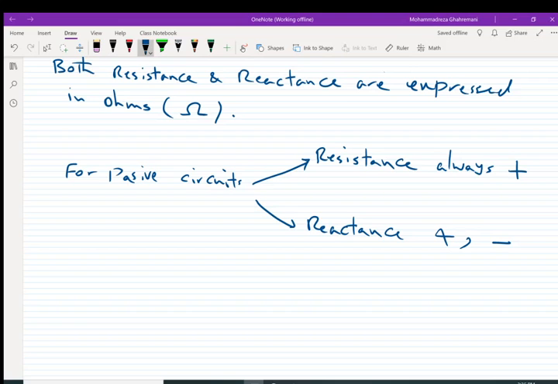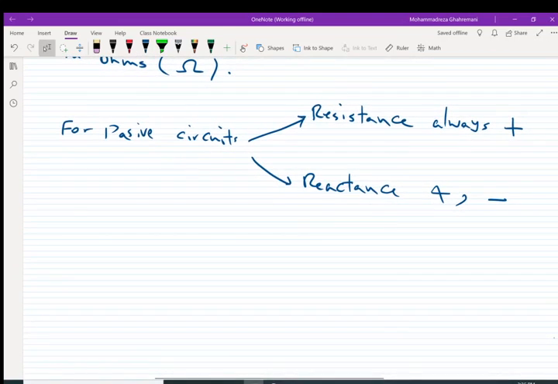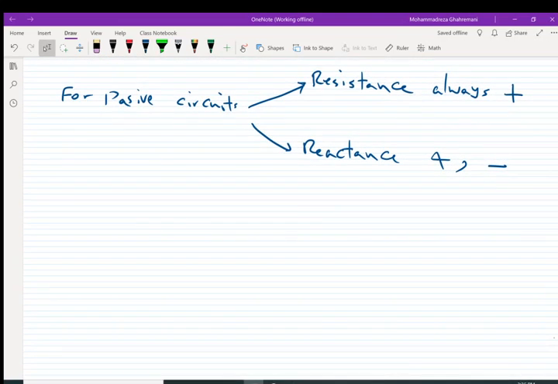If X is positive, we call it inductive reactance.